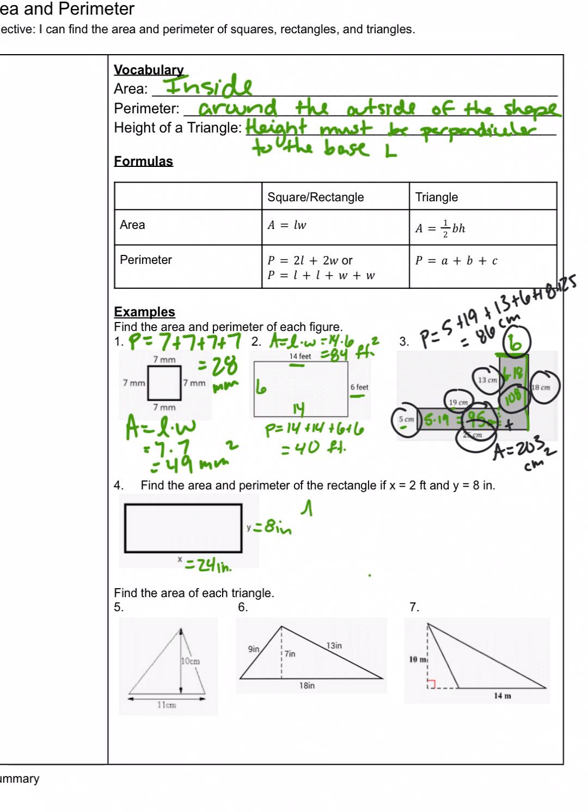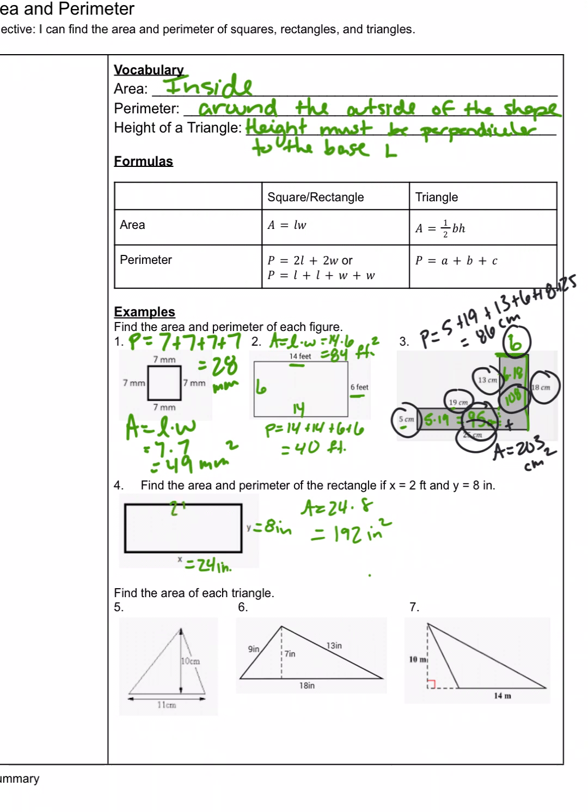So for area, we need length, 24, times width of 8. And that gives us an area of 192. This is in inches, so it's inches squared. And then to find the perimeter, again, we just add all the way around.